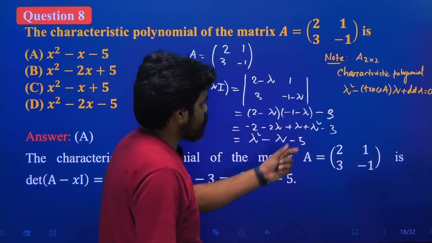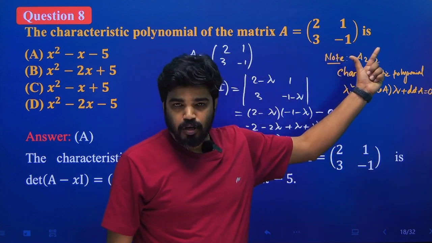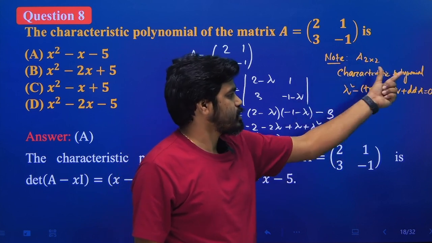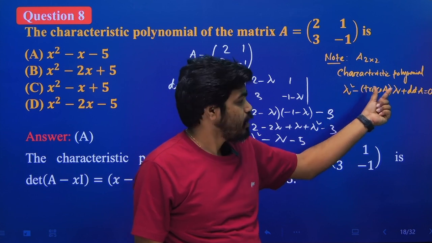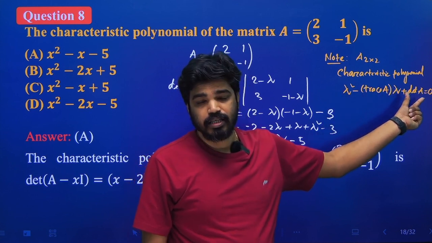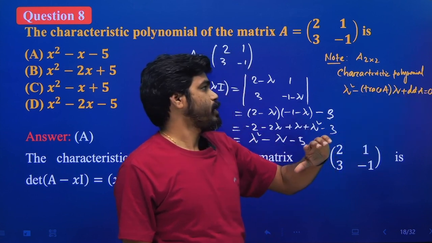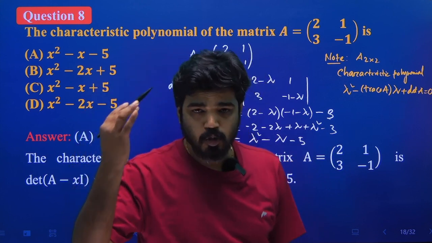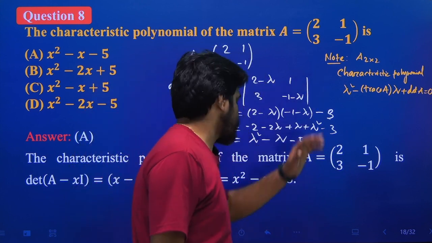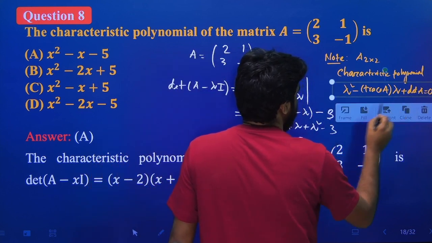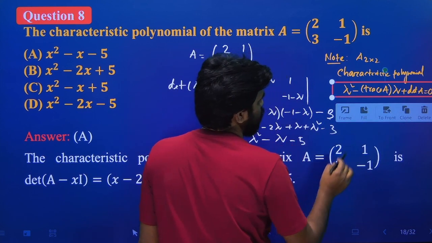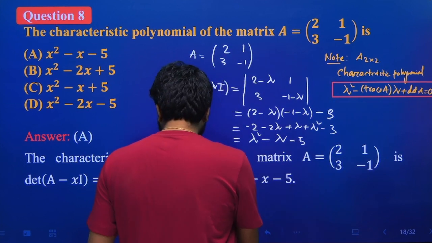It is very important. Note this, if A is a 2 cross 2 matrix, then the characteristic polynomial will be lambda square minus trace A into lambda plus determinant A. I repeat, it is lambda square minus trace A into lambda plus determinant A.